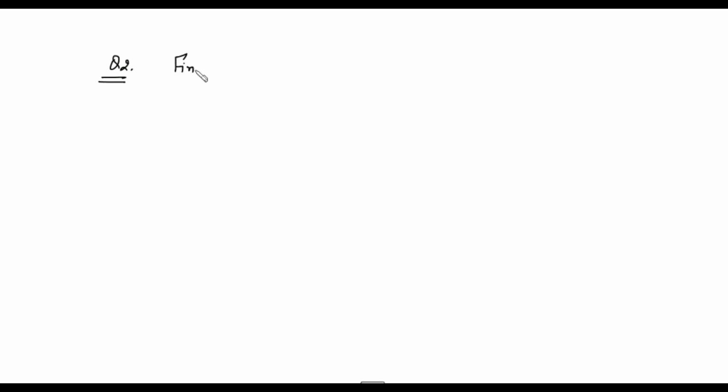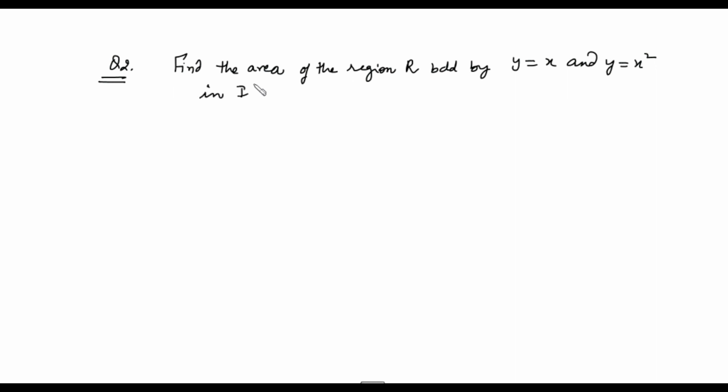Let's suppose you want to find out the area. Find the area of the region bounded by y is equal to x, y is equal to x square in the first quadrant.